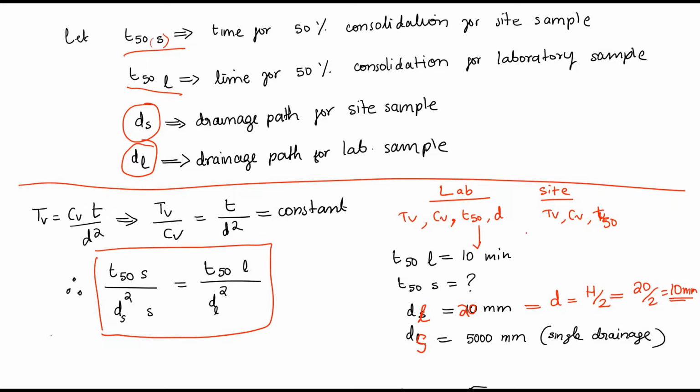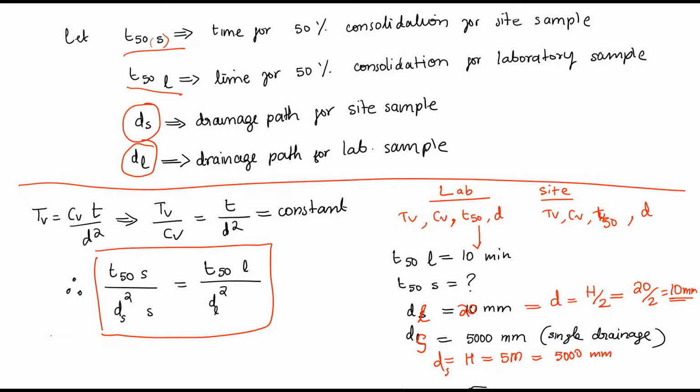So here D will be 10. Now in the site sample, it was mentioned that it has only a single drainage system. So our drainage path will be 5 meter itself, the total thickness. The drainage path will be H itself. H is 5 meter. When we convert it into mm, it will be 5000 mm. Okay, so we have all the values.